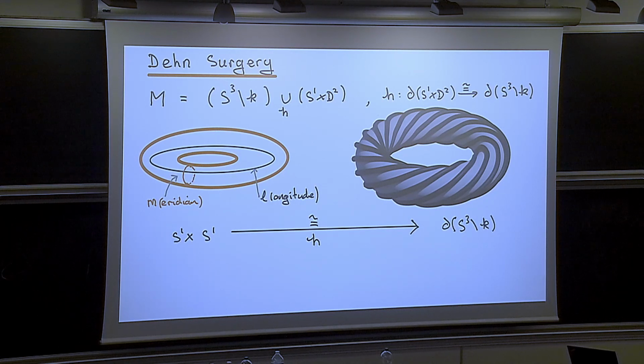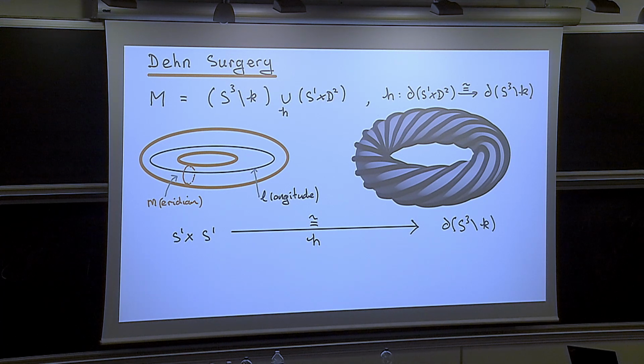And then what does the homeomorphism do? Well, a homeomorphism can be specified by saying what this longitude gets mapped to. So in this example, picture produced by Kelvin, we could wrap the longitude around, I think it's 17 times one way and 3 times the other way.